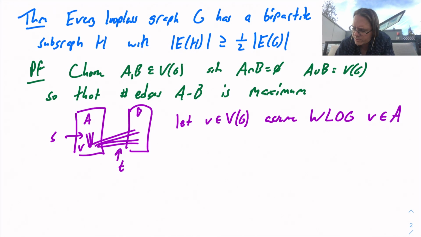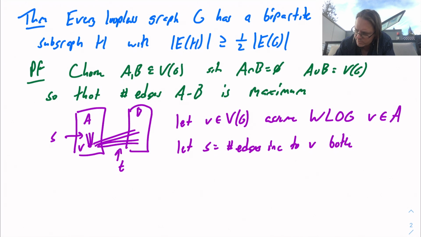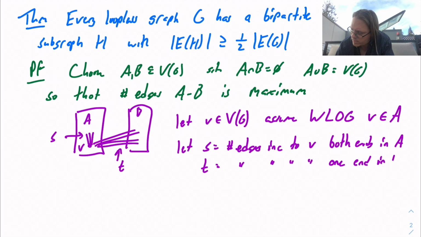So let S equal the number of edges incident to V with both ends in A, and I'll let T be the number of edges incident to V that have one end in B. Of course, the other end will have to be in A because the vertex V is already in A, and by assumption, this edge is incident with V.